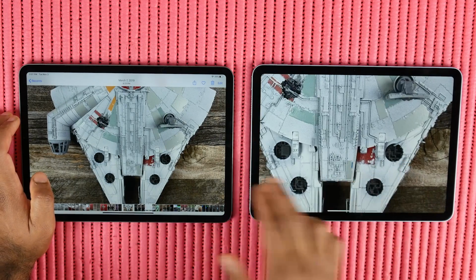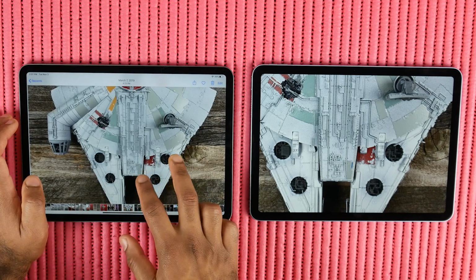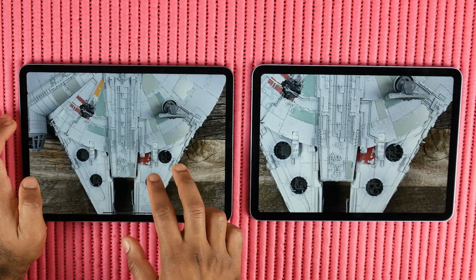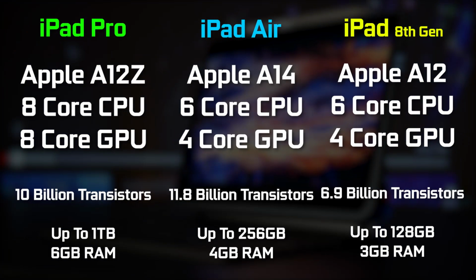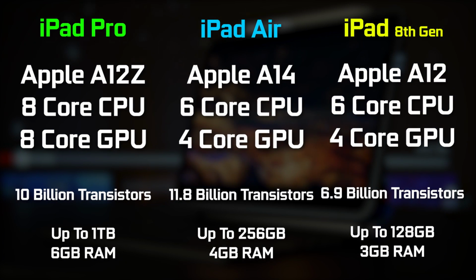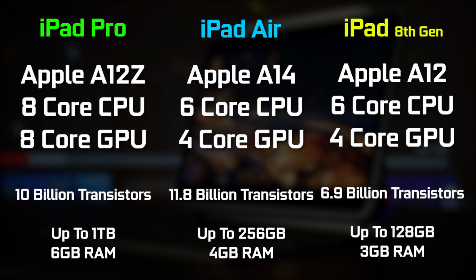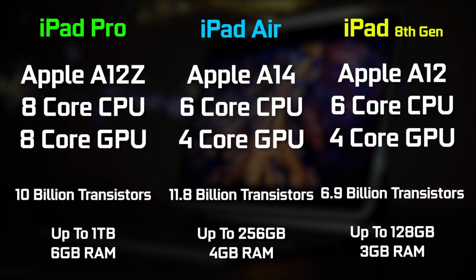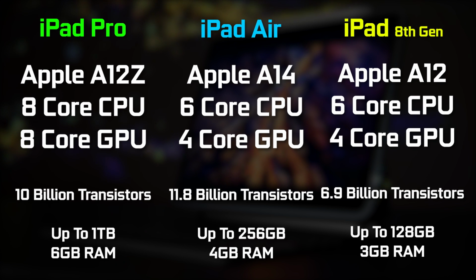Beyond that, let's talk about the system in package configuration we have internally on all three iPads. Now, on the Pro, we have the fastest silicon that Apple makes for their iOS products, which is the Apple A12Z Bionic, 8-core CPU with 8-core graphics.